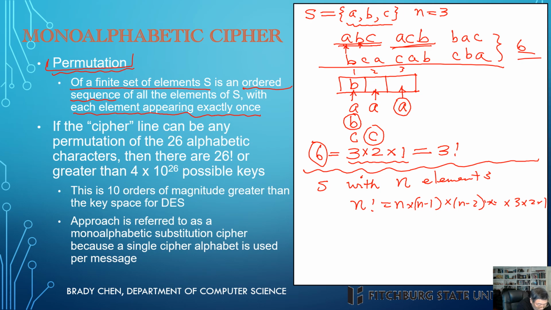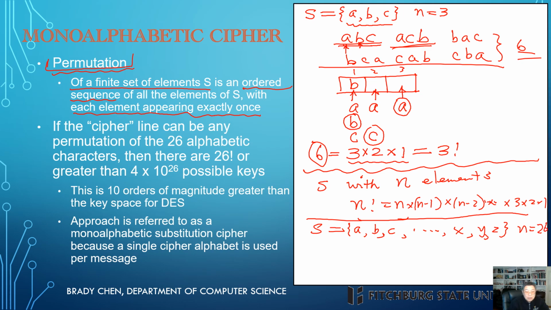Now let's go back to the monoalphabetical cipher. Suppose the set of elements S contains A, B, C, and all the alphabet in the English language, up to X, Y, Z. So in this case, n equals 26, right?